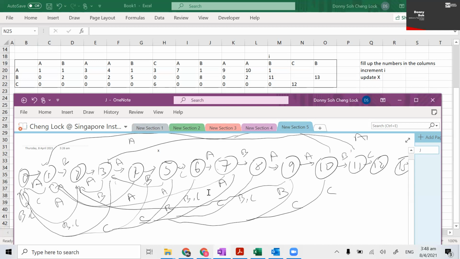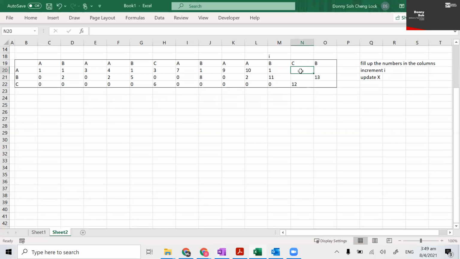So yeah, my diagram is a little bit messy. So at state X, if it is A, it's going to go to 3. If it is a B, it's going to go to 0. Yes, this B belongs to this. So if it's an A, it's going to go to 3. If it's a B, it's going to go to 0. I'm going to update my I.